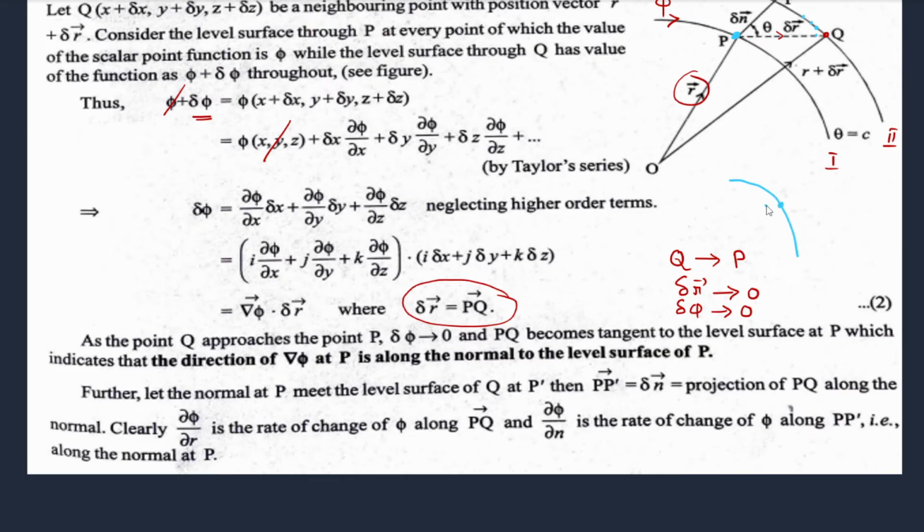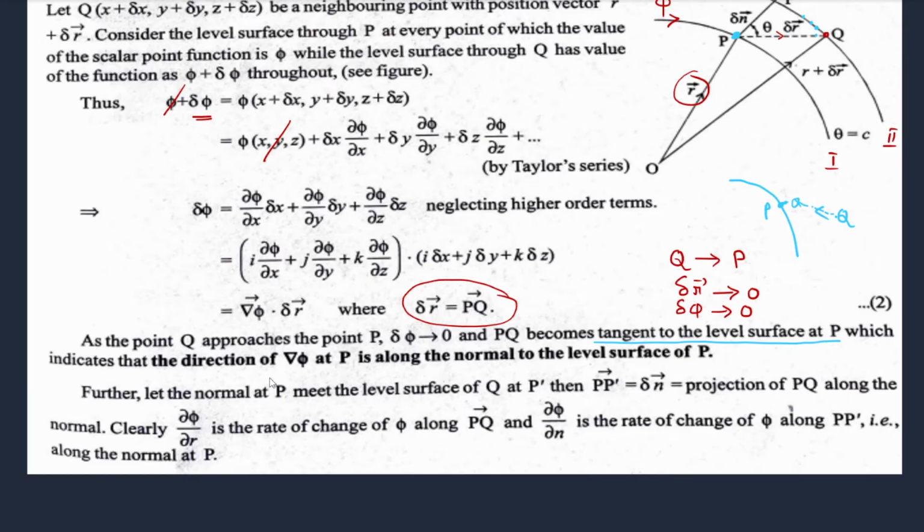Suppose this is the point P, and initially Q is a point here. Now Q comes towards P like this. At one time Q will come very close to P. Then if you join PQ, it will look like a tangent to the level surface 1 at P. It looks like a small straight line, so we consider that as the tangent at the point P.